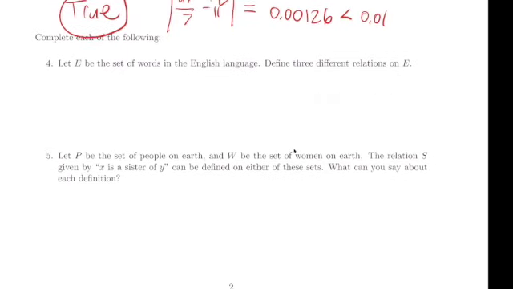And then in 5, we're going to take all the people on Earth, P, and all of the women on Earth, W, and S is going to be this relation. We're going to say X is a sister of Y. So this is saying we can define this relation on either of these sets.